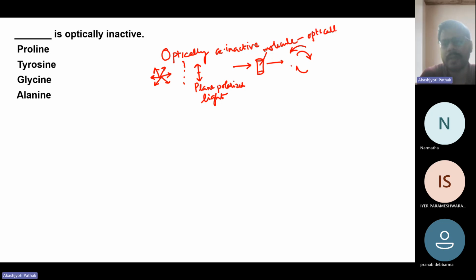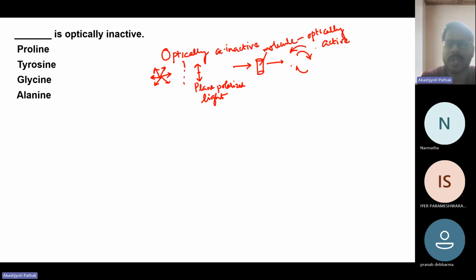Molecules which have a chiral carbon are optically active. This is basic chemistry you must have learned in organic chemistry also. So if my molecule has a chiral center, then it is optically active.